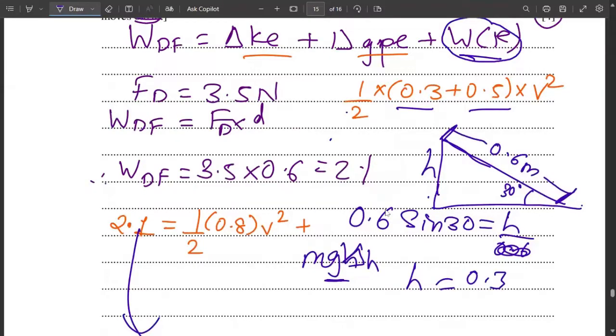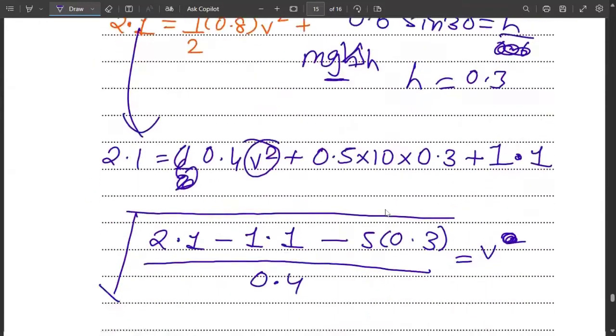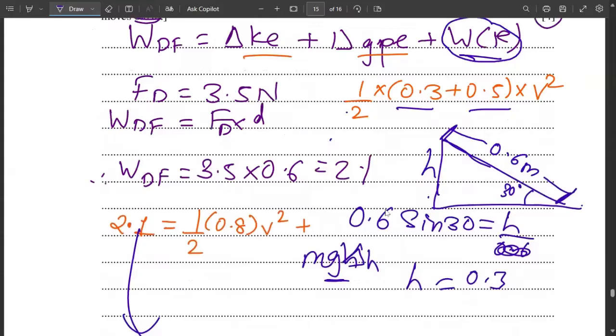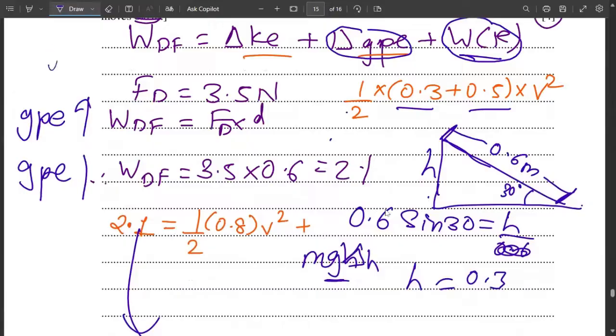Yes. So what you need to realize here is this is 0.5 into 10 into 0.3, correct? But I have written delta GP. Delta GP means change in GP. So is GPE increasing or decreasing?